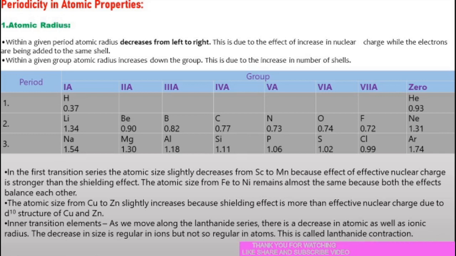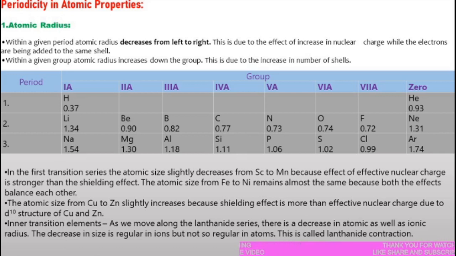But along the period, left to right, lithium, beryllium, boron, carbon, nitrogen, oxygen, fluorine, their atomic radius decreases periodically. Now we see here again in the first transition series, meaning in d-block elements, the 3d series, their atomic size slightly decreases from scandium to manganese because effective nuclear charge is stronger than the shielding effect.